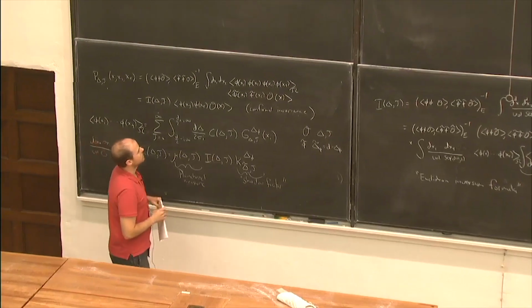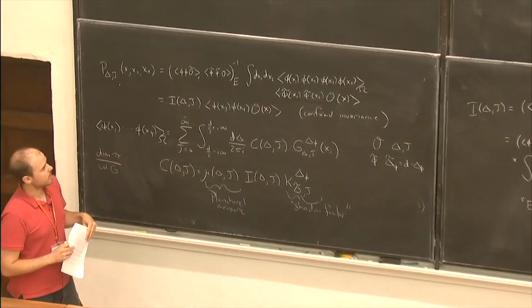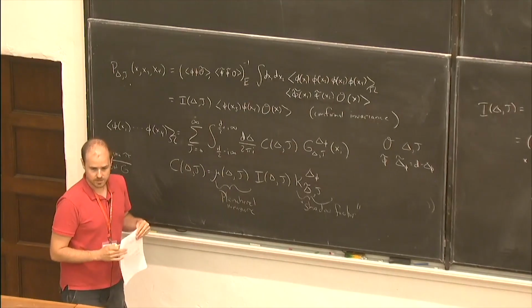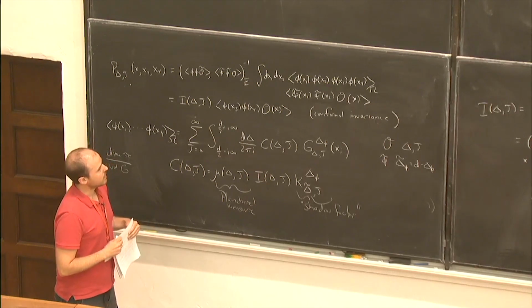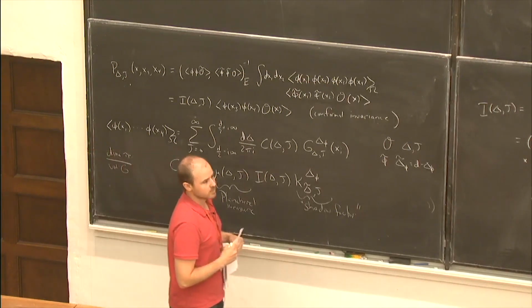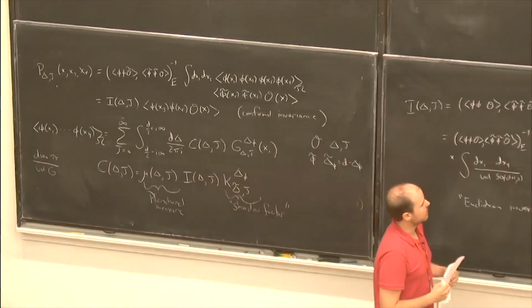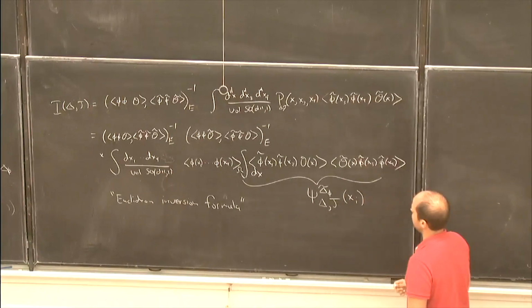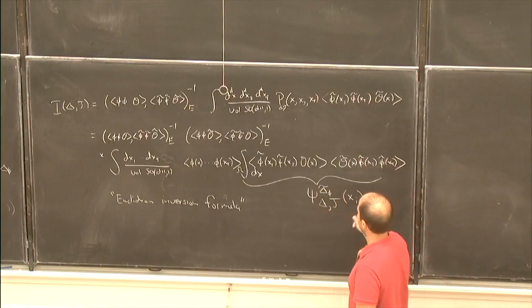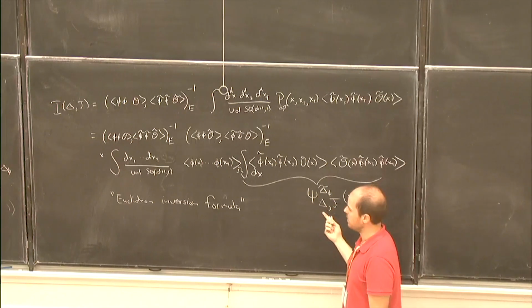So the simplest setting is where delta external is also on the principal series. But it actually doesn't matter if all the delta externals are equal to each other. And the reason is that if the delta externals are equal to each other, then this partial wave is just some standard factors times stuff that doesn't depend on delta external.